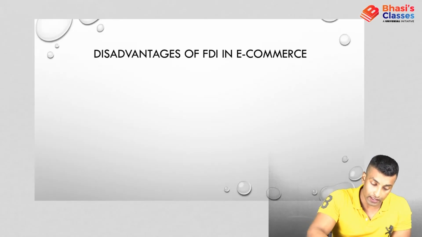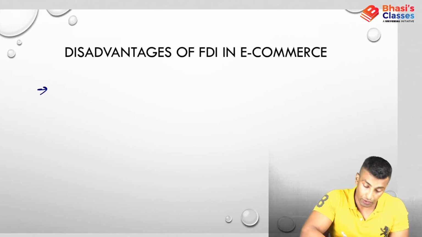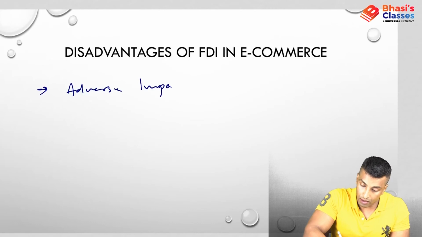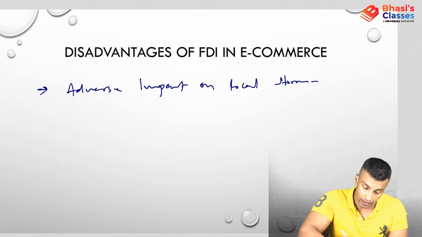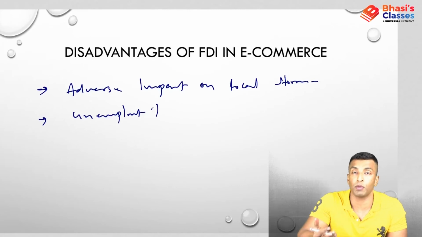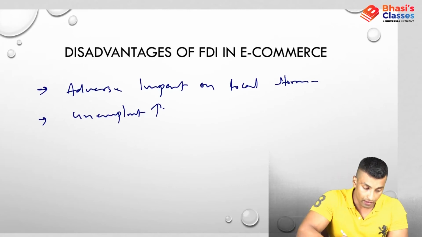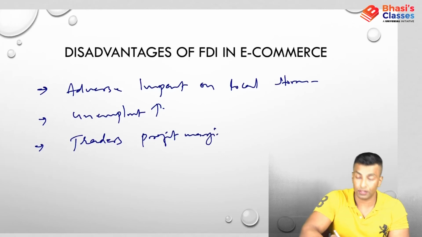Let's look into the disadvantages of FDI and e-commerce. Obviously, adverse impact on local stores, like fruit and vegetable vendors, etc. Then you can see unemployment increase because they come up with modern technologies. Then traders' profit margin decrease.